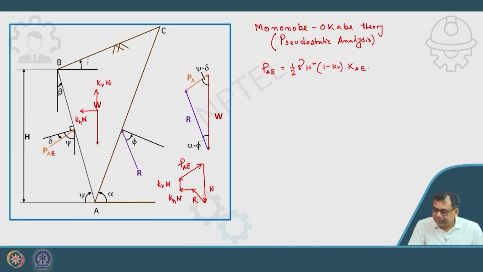So PAE is not only seismic, it is static plus seismic. The static alone is PA, which I discussed in the last class: half gamma h square Ka, that is only static.